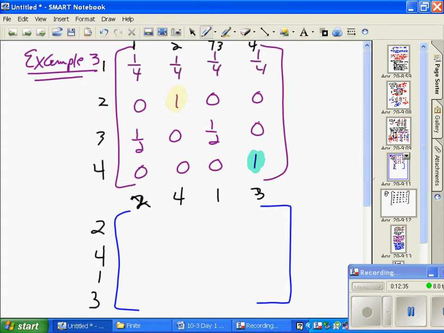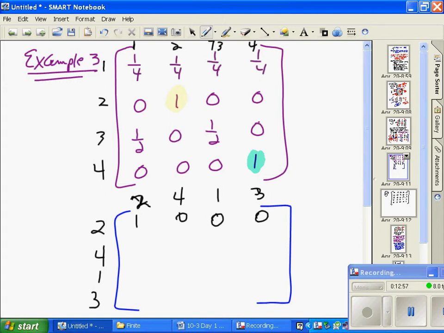Okay, so if I look at this, 2, 2 in my matrix is a 1. What is 2, 4? 2, 4 is a 0. Row 2, column 1 is a 0. And row 2, column 3 is a 0. So I filled out that top row of row 2 and rearranging.